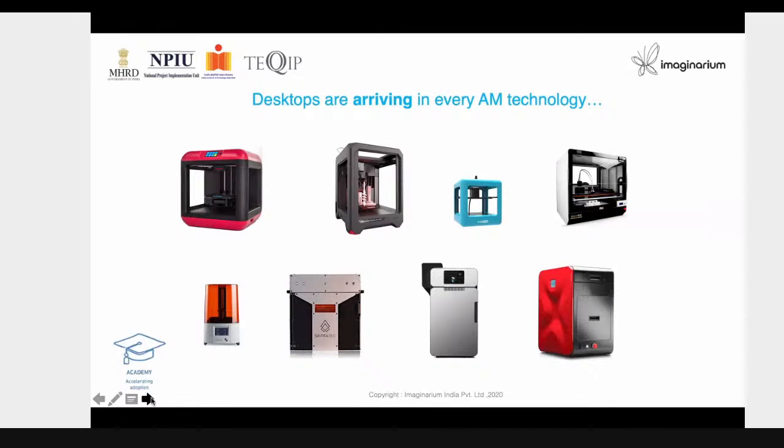Today, we have a lot of desktop machines coming in every possible technology because slowly and steadily the patents are getting expired. So you have even SLS, SLA, FDM, all coming as open source, and people are building.